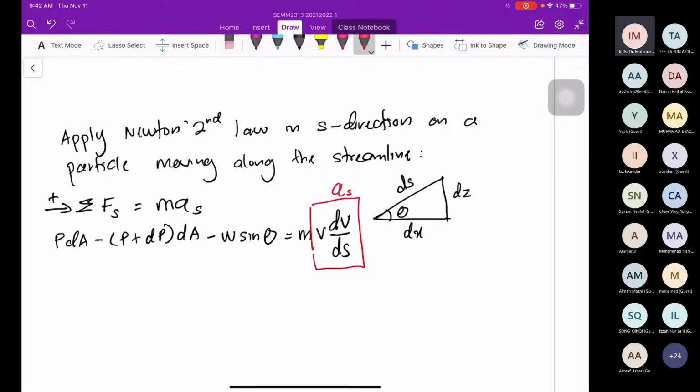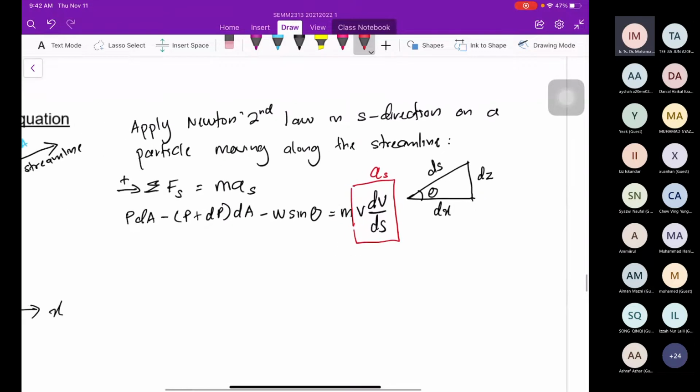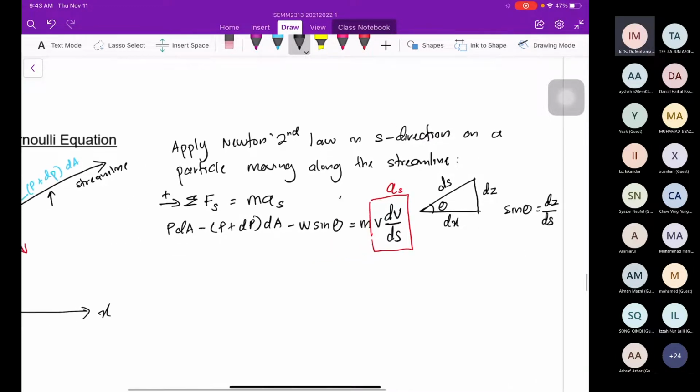From here, we know that sine theta is basically dz over ds, sine opposite over hypotenuse.